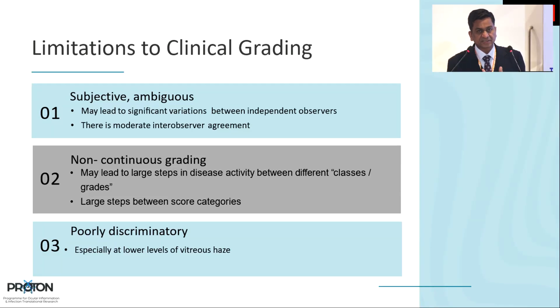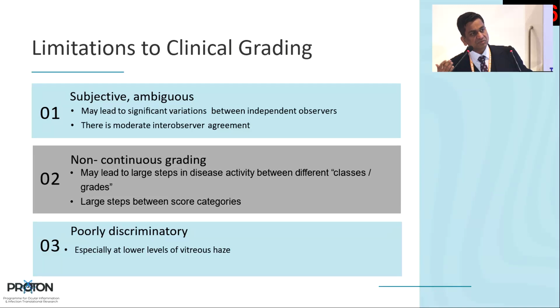But the challenge with these things is that they are subjective. What I see, what my friend ZX sees, what my other colleague Dr. Ho Soling sees, we all probably see differently. It also depends: I run a clinic in NCID, I see 0 cells or maybe 1+, and I come here and look on a Haag-Streit slit lamp and suddenly those cells become 2+. On a Takagi slit lamp it was 1+, and on another slit lamp it has become 2+.